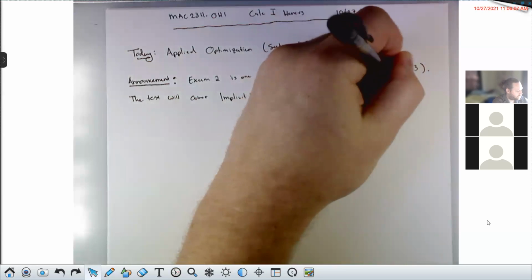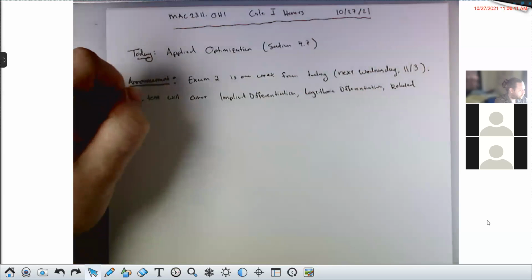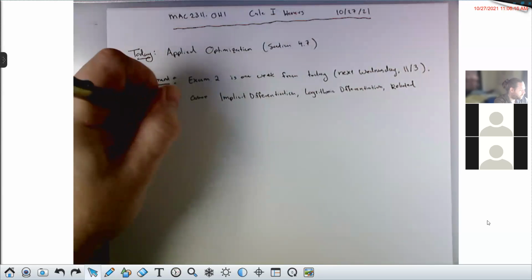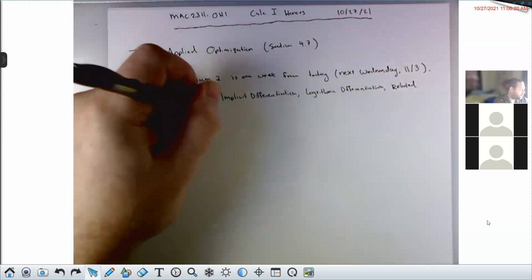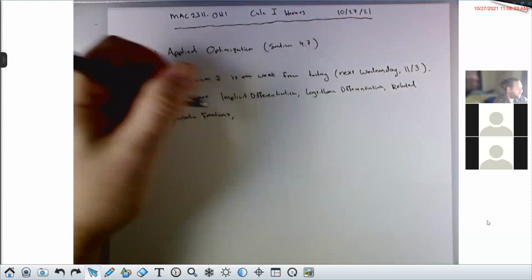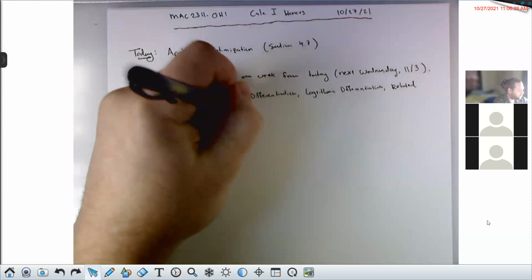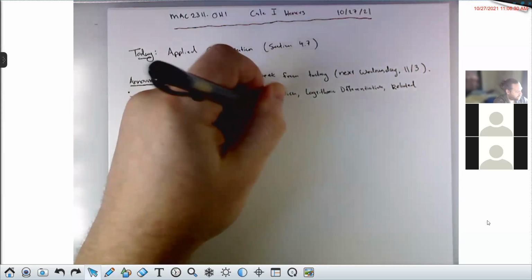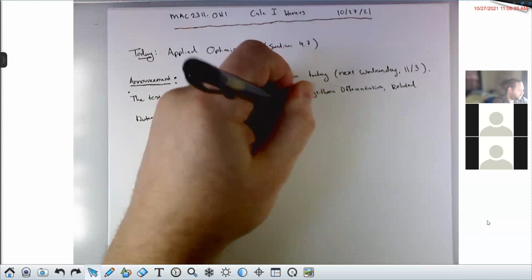Related rates, hyperbolic functions, but just the stuff we talked about, just the stuff from your homework. What else? Mins and maxes. The basics of the mean value theorem.